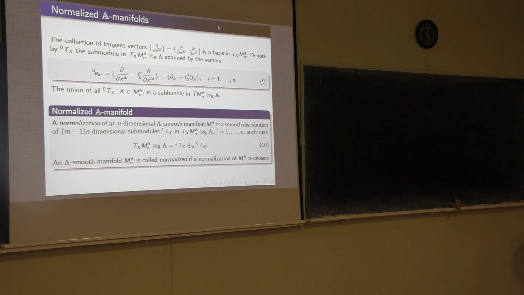As far as the tangent space to a manifold over a Weil algebra carries the natural structure of a module, we can use the construction I mentioned above for the decomposition of tangent spaces at each point.